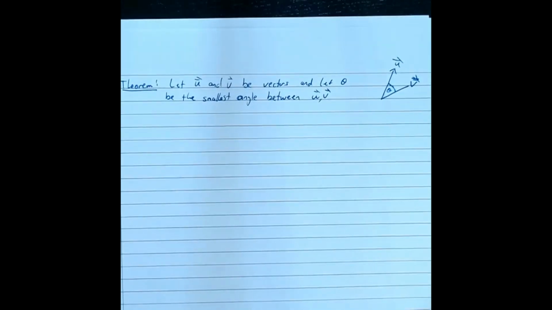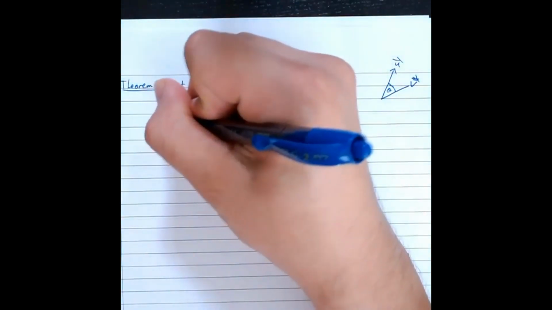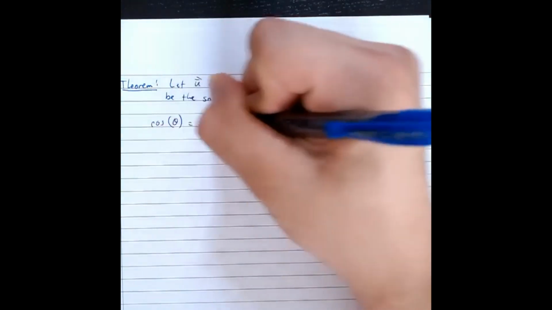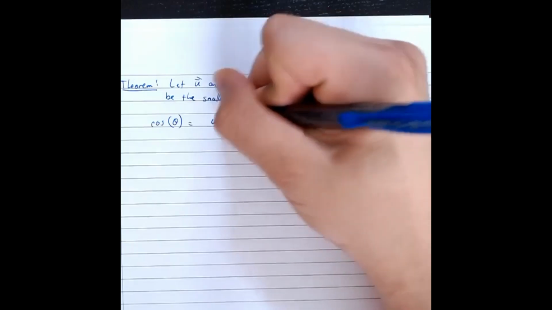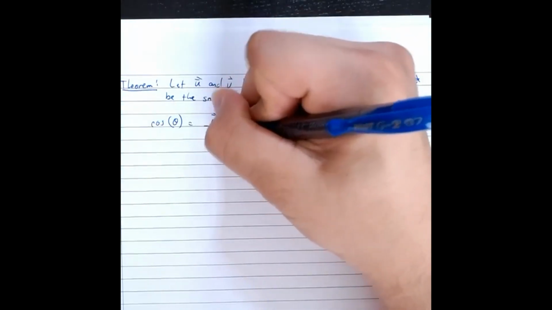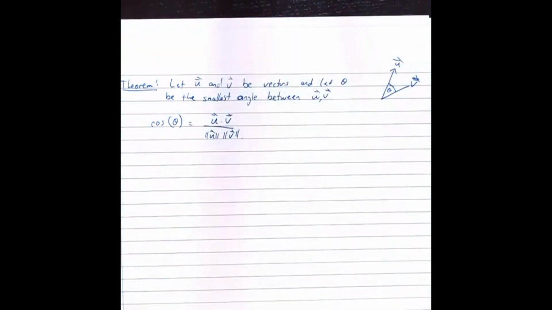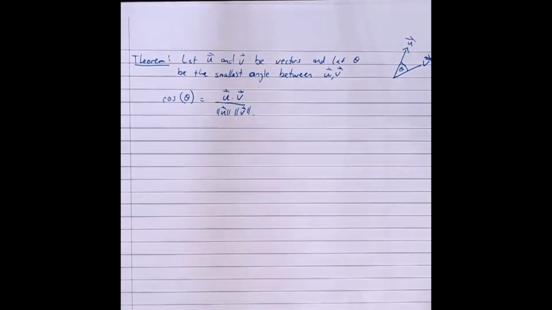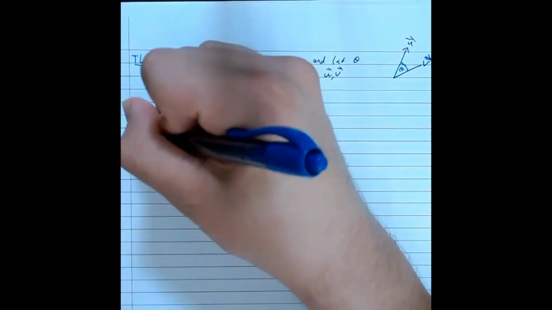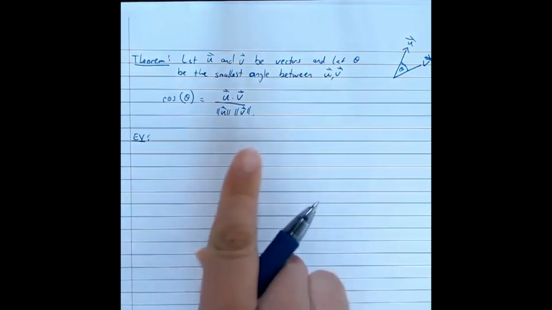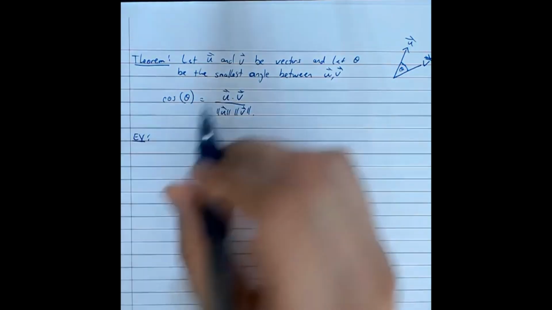So let u and v be vectors, and let theta be the smallest angle between u and v. Then the cosine of that angle theta is going to equal u dot v over the magnitude of u multiplied by the magnitude of v. So as a couple of examples, here the proof of this one was already given. We just finished doing that.